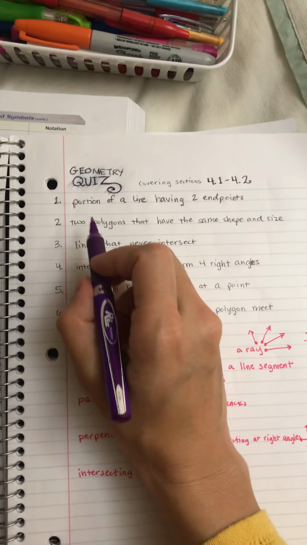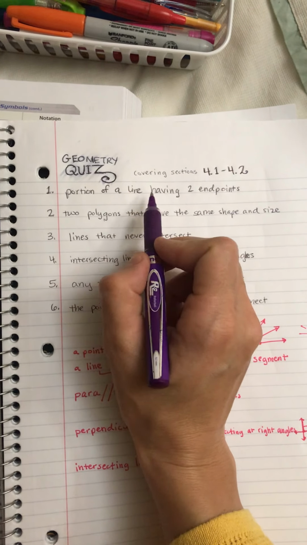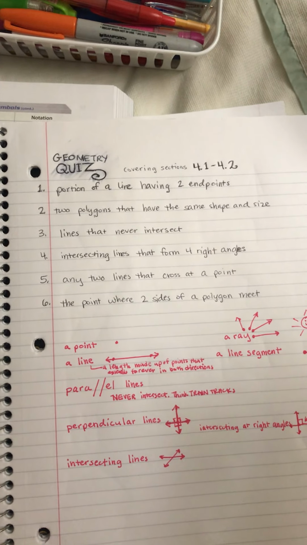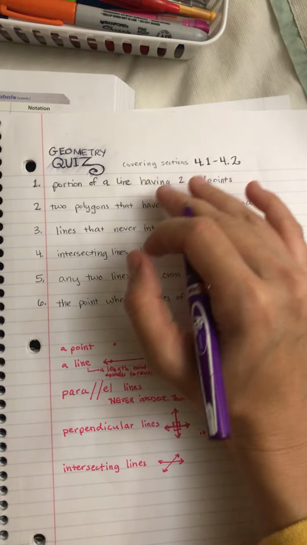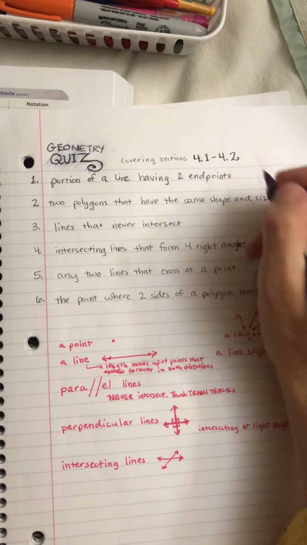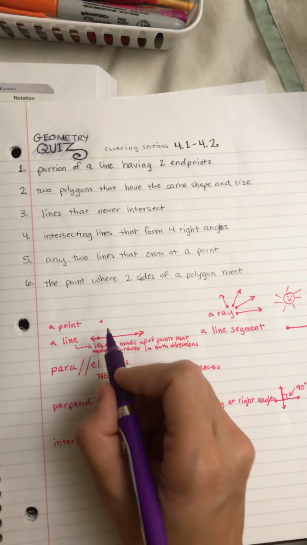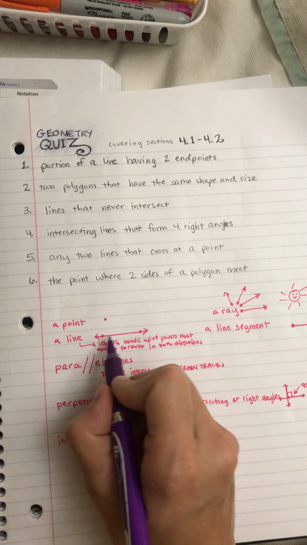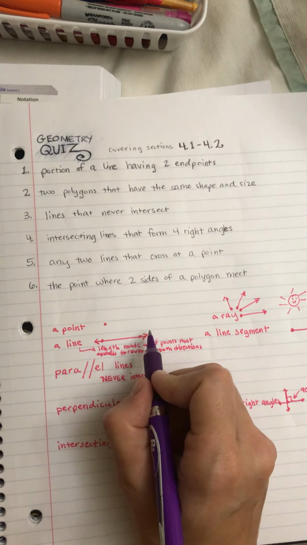Okay, so problem 1, question 1: a portion of a line having 2 endpoints. What is it called? You should be turning back in your book, try to outrun me as I'm answering this. I wrote some notes down here. A line doesn't end, so it's not just a line.